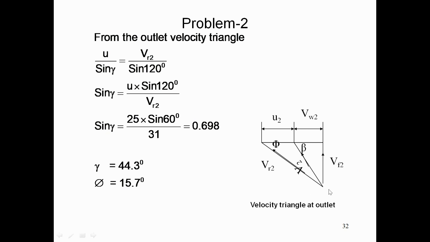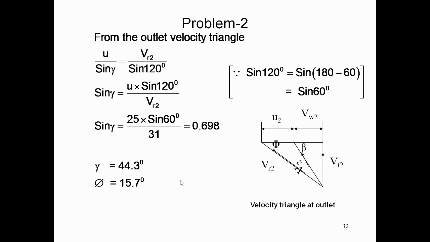So sine gamma is equal to u into sine 120 by vr2. From this we get the value of gamma as 44.3 degrees, and phi we get as 15.7 degrees.